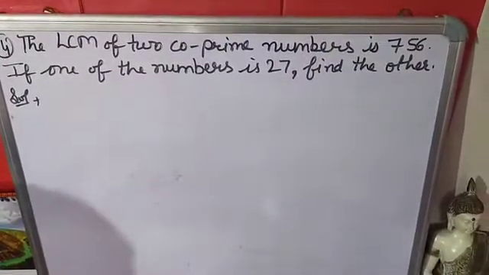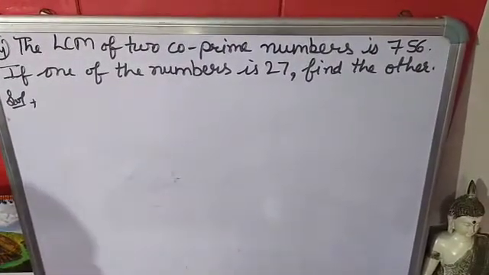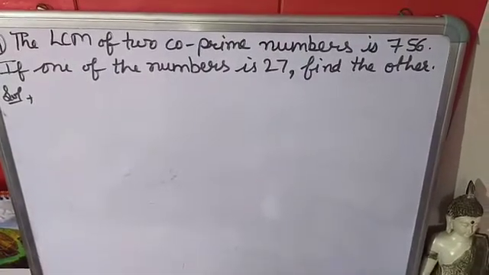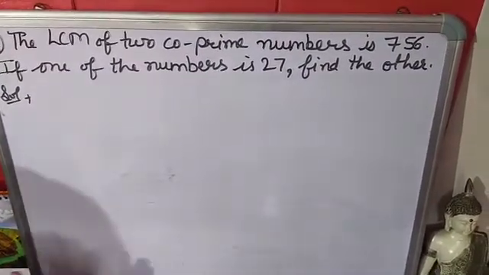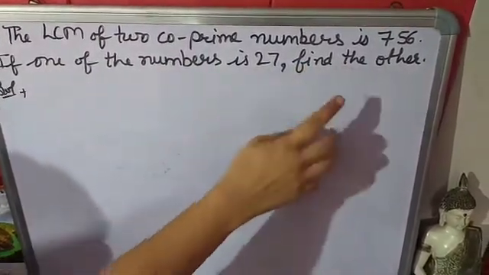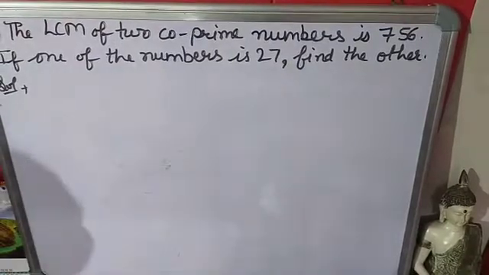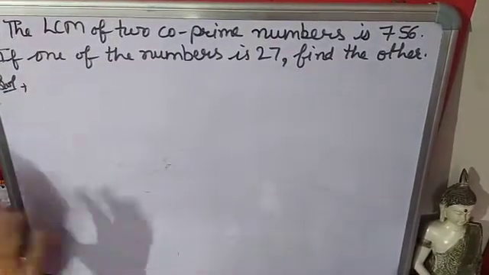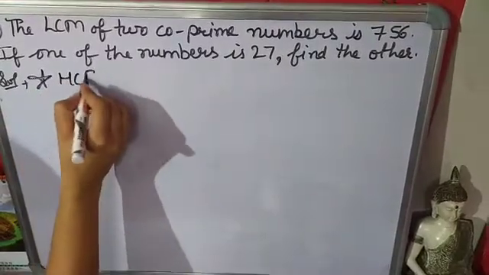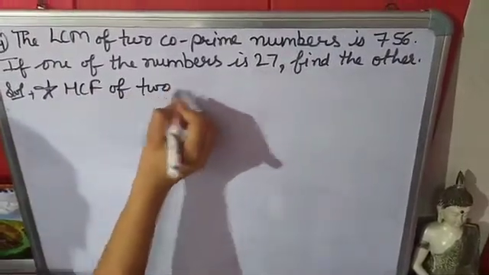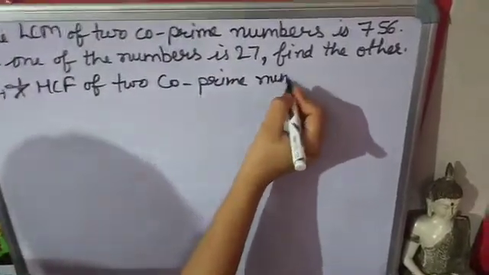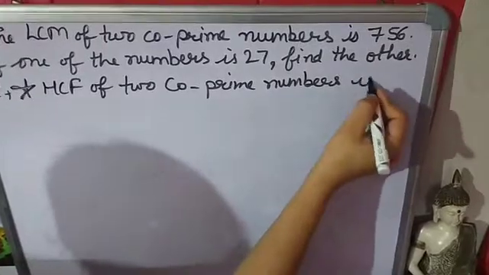Fourth question. The LCM of two co-prime numbers is 756. If one of the numbers is 27, find the other number. Now in this question we have only two values, LCM and first number. You have to find second number, but HCF is also not given. But there is one important rule that HCF of two co-prime numbers is 1.